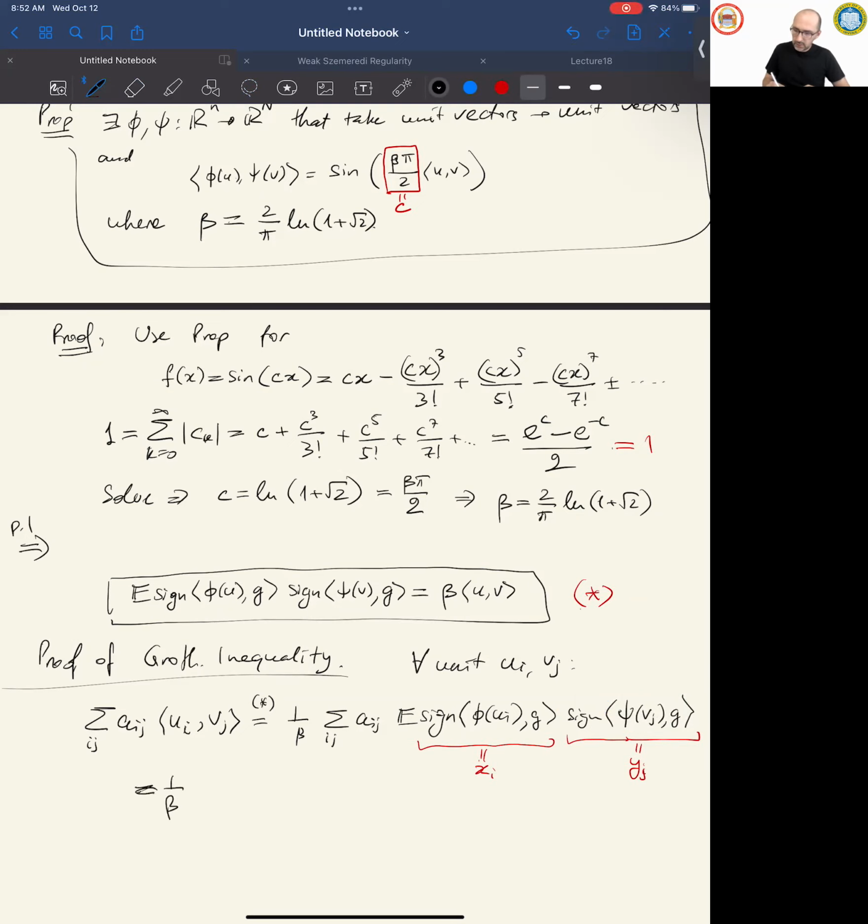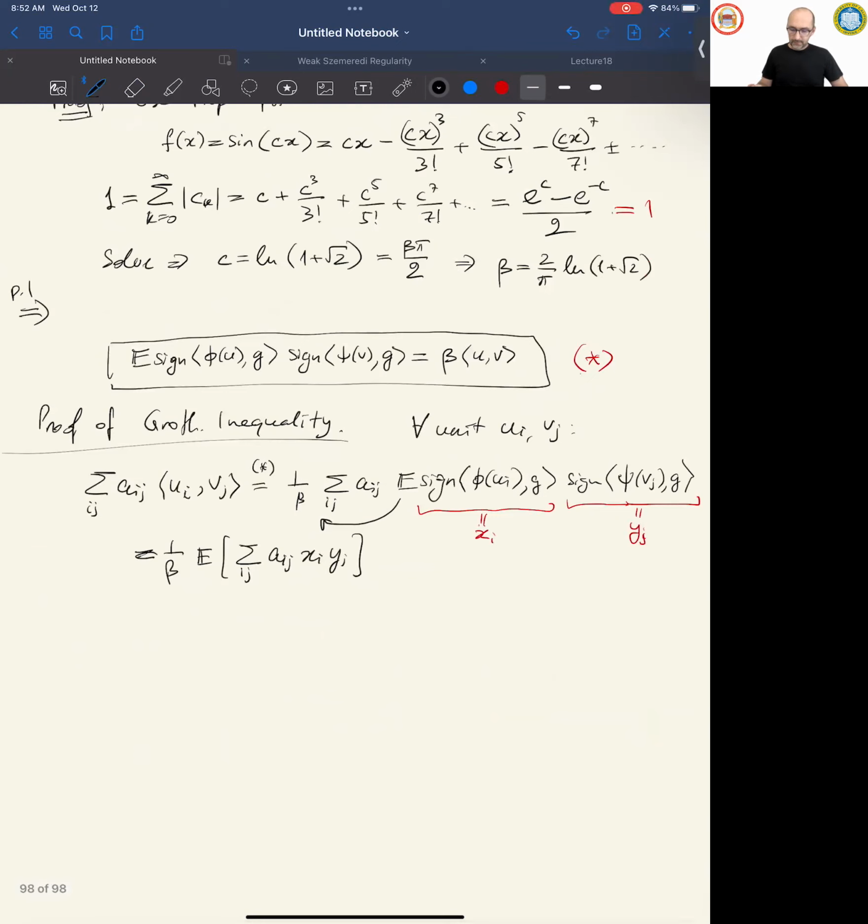So this is 1 over beta. I can take the expectation out by linearity, and we get the sum of aij xi yj. Perfect. And this is for random xi and yj that are defined this way.